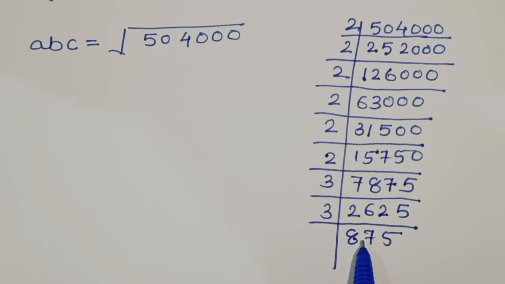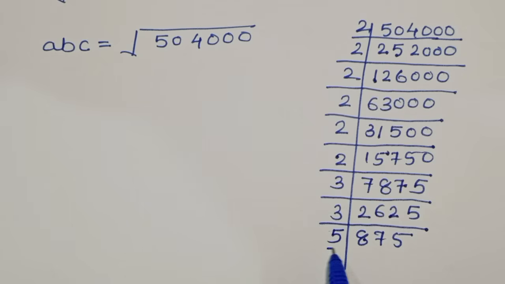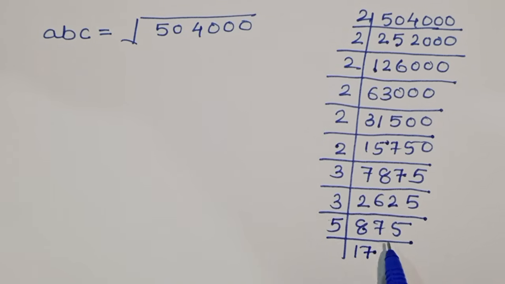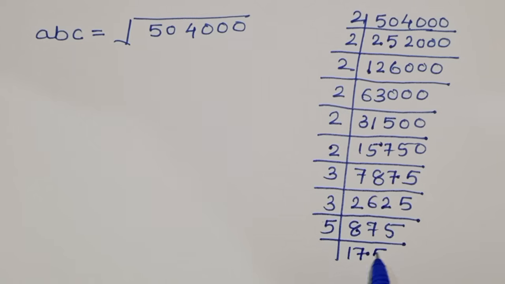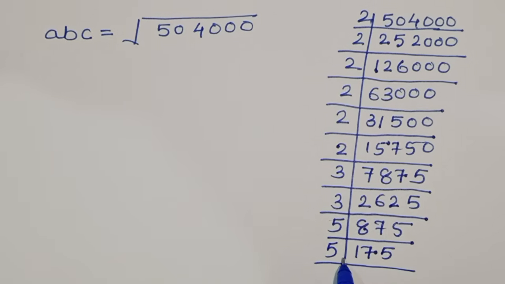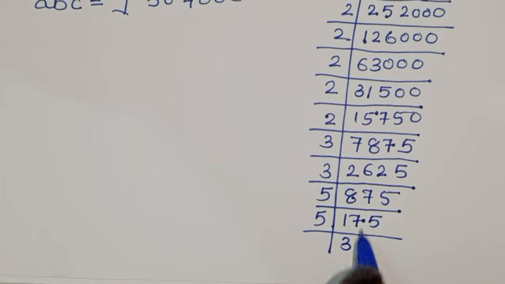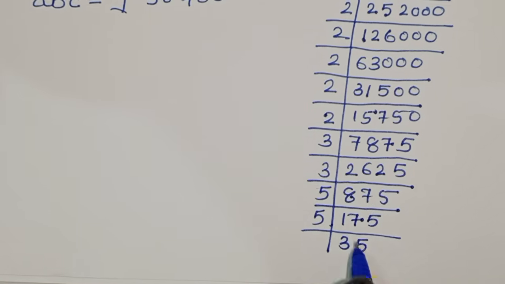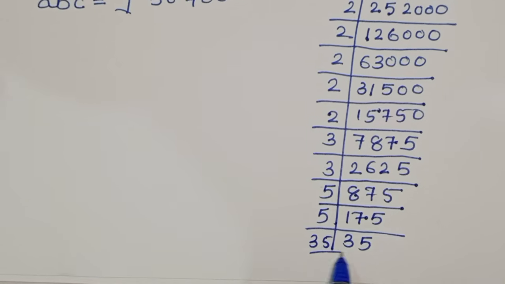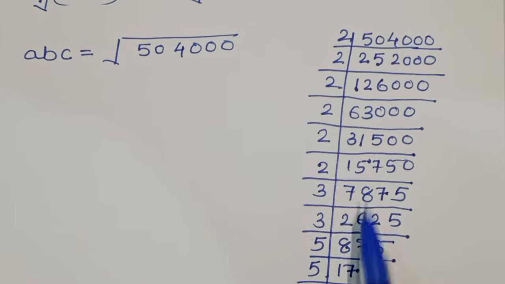This number is divisible by 5, so we take 5: 5 7s are 35, and it becomes 175. Again 5, and it becomes 35, and 5 7s are 35. So this is the factorization of this number.